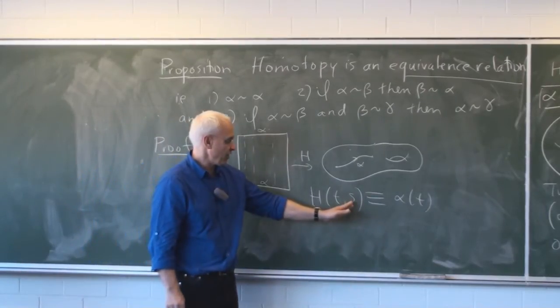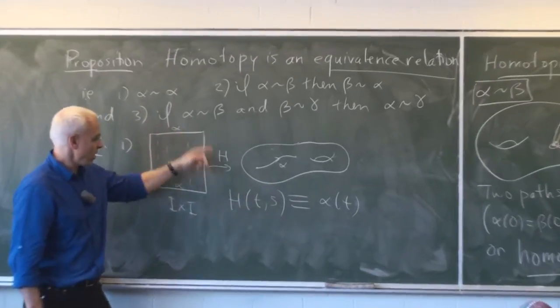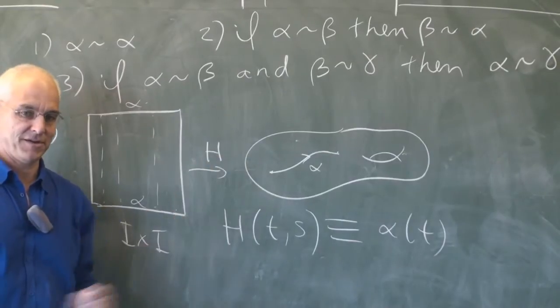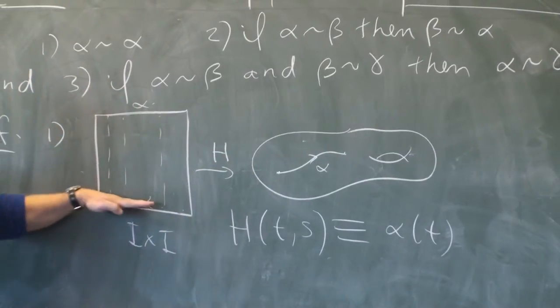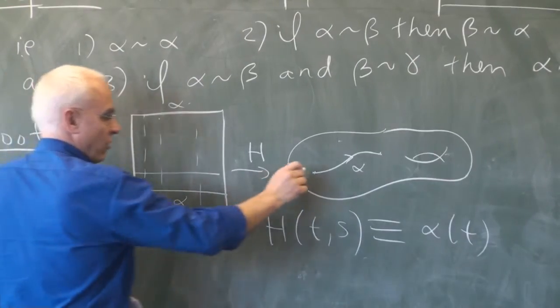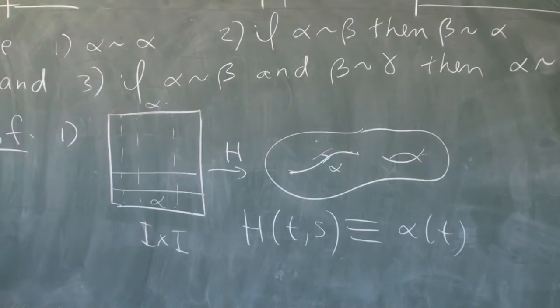And when s is 0, we get alpha of t. When s is 1, we get alpha of t. In fact, for any value of s, we get alpha of t. So as we go up along here and look at the successive images of these lines, we're always getting the same curve. It's almost trivial, really.